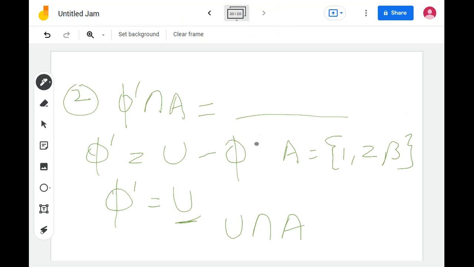I hope this is now visible. Here it is clearly visible. Phi complement is union minus phi, which is equal to union.